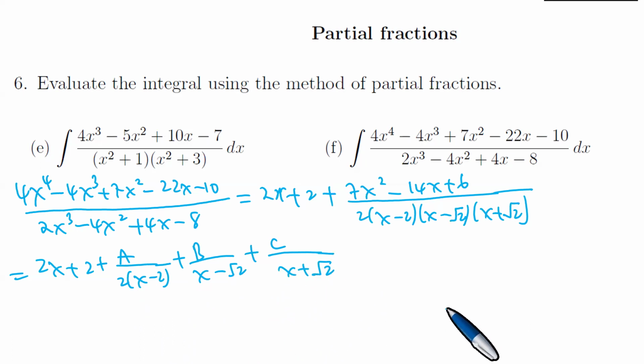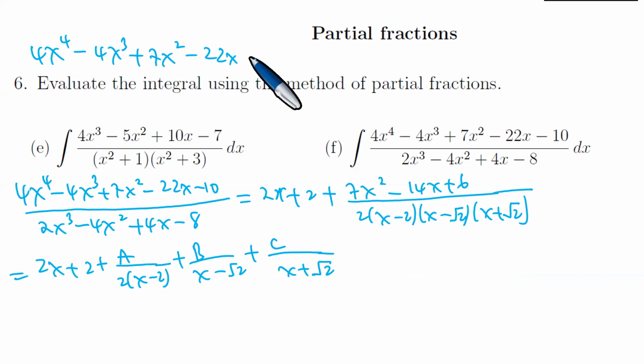Like this. Multiplying through by the LCD, which is the same as that, you'll be able to get 4x to the 4th power minus 4x cubed plus 7x squared minus 22x minus 10.